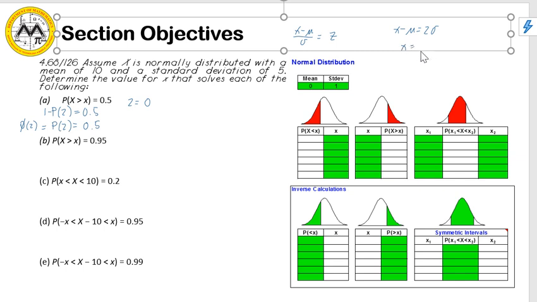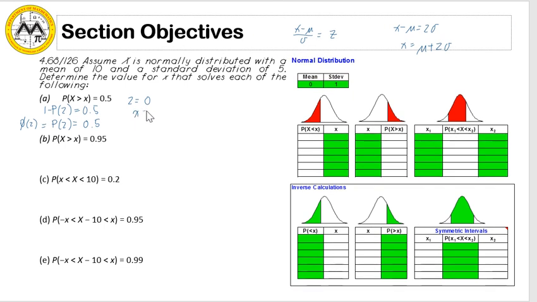So x is mu plus z sigma. So with this, we can have x is equal to mu, which is 10, plus 0 times 5. So x is equal to 5.